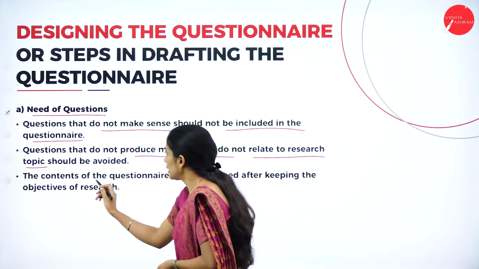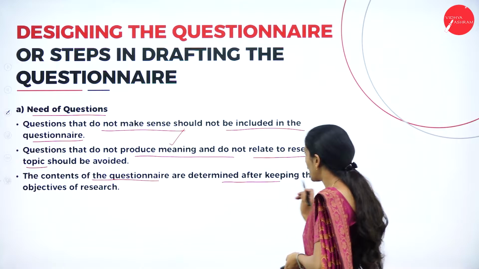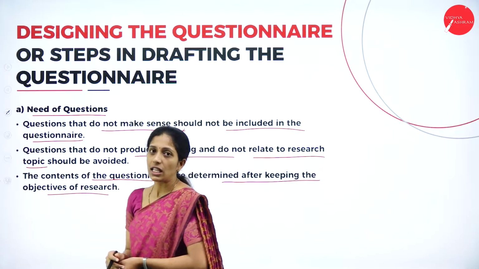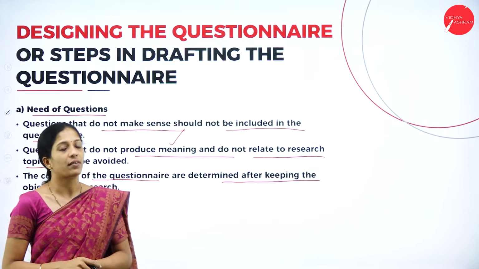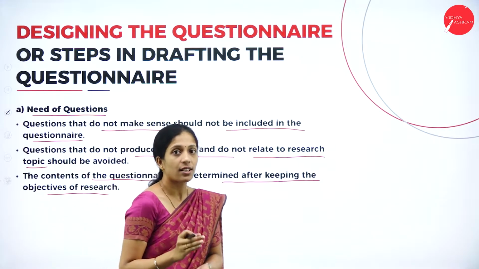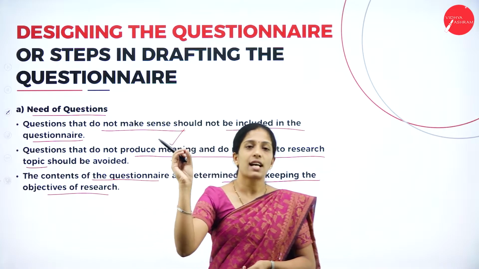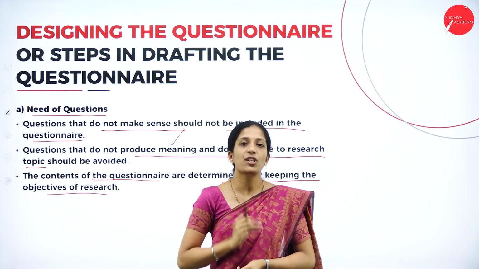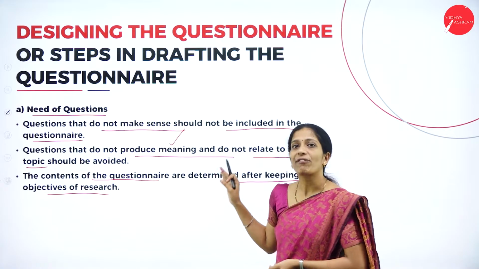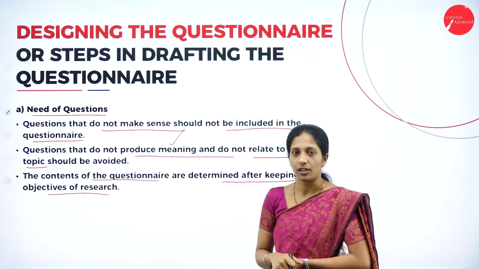Next one, the contents of the questionnaire are determined keeping in mind the objectives of research. Of course, the main intention of research activity is to attain the objectives. We have seen the research design. After deciding the problem, we know the objective of the research activity. So always the questionnaire should be favorable to the objectives of research.